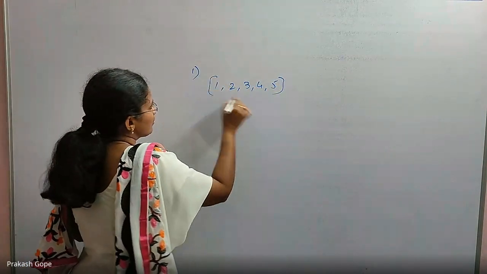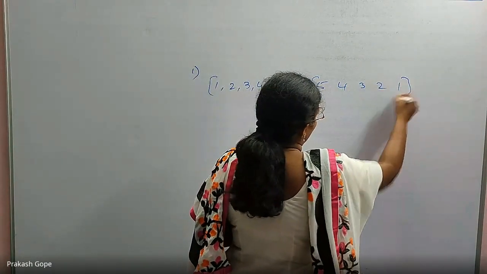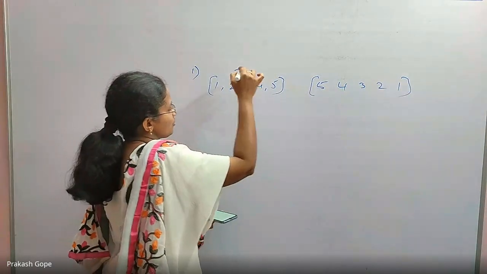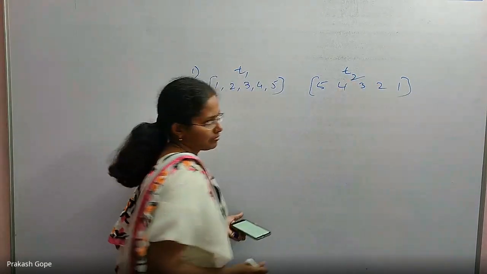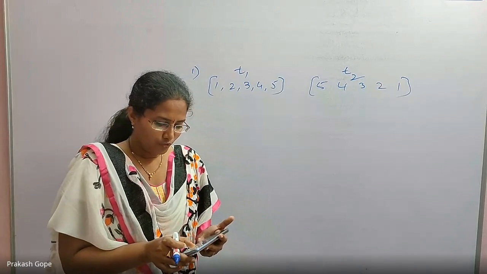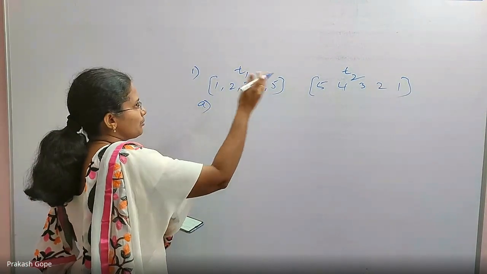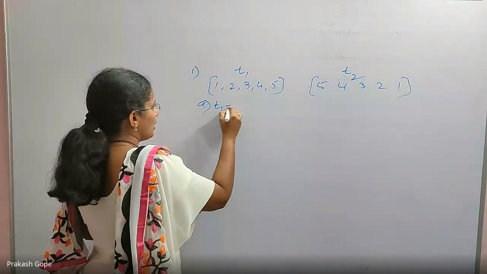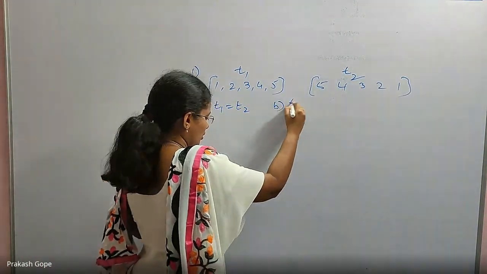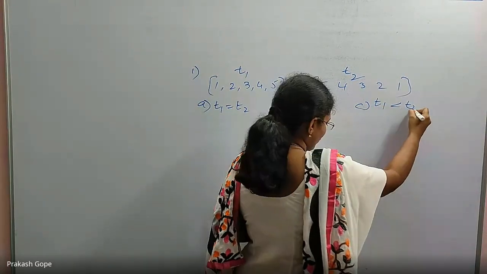This is the array. Second array is 5, 4, 3, 2, 1. Time taken by this one is T1, this is T2. Which of the following holds? What is the relation between T1 and T2? T1 equal to T2, T1 greater than T2, T1 less than T2.